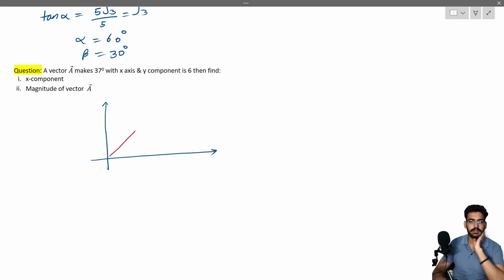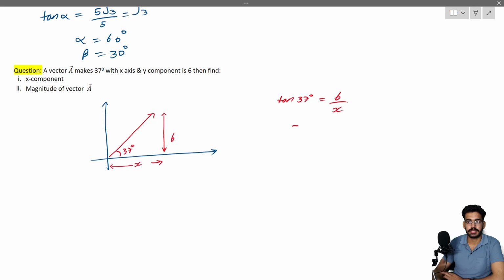You have a vector here, which has y component 6. So this is 6 and this angle is 37 degree. Okay, so let its x component be x. So I can say tan 37 is equal to 6 by x. Okay, so x is equal to 6 by tan 37. So you can write the value of tan 37, and you get x equals 8.